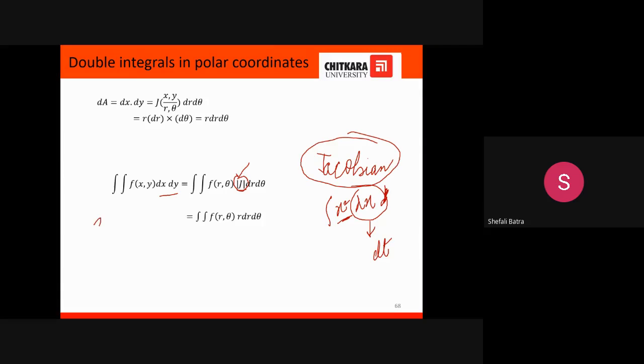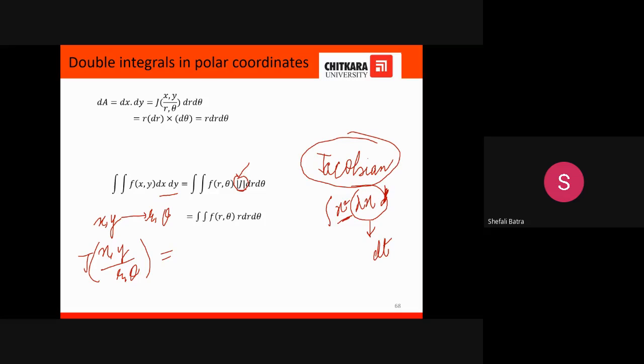So now what are you converting? You are converting x, y into r, theta, Cartesian to polar. So you need the Jacobian of Cartesian coordinates with respect to polar coordinates. Now you tell me, what is the value of Jacobian when you convert Cartesian coordinates into polar coordinates?